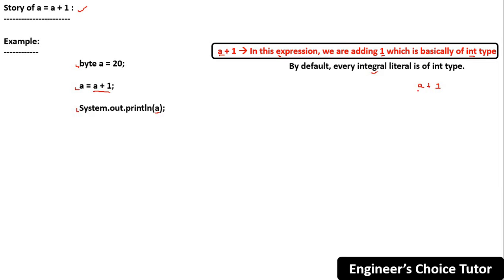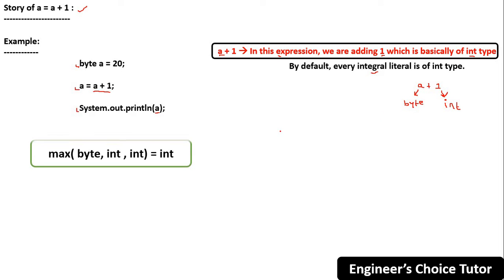See, a is of which type? Byte type. Am I right? And this 1 is of which type? Int type. So the return type will be max of byte, int. That is equal to what? Int.